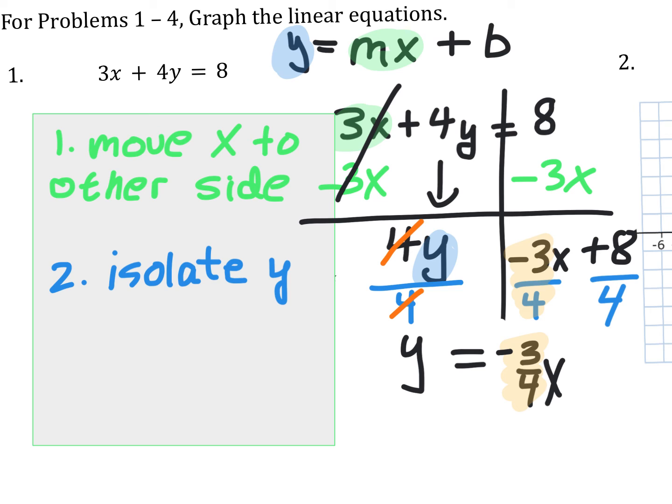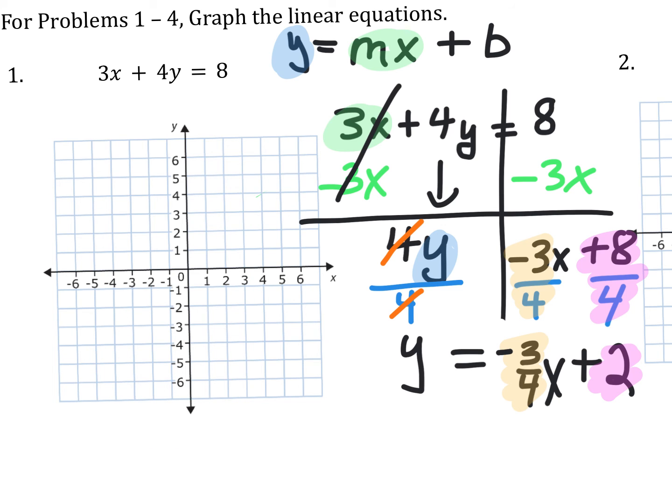And then finally, when I do 8 divided by 4, I'm going to get my y-intercept of 2. So this is the equation in slope-intercept form. y equals negative 3/4 x plus 2.